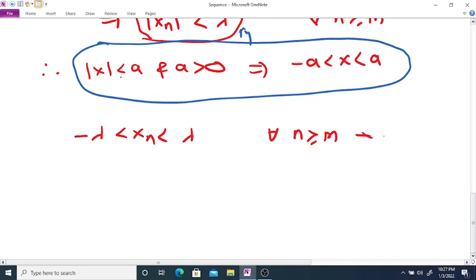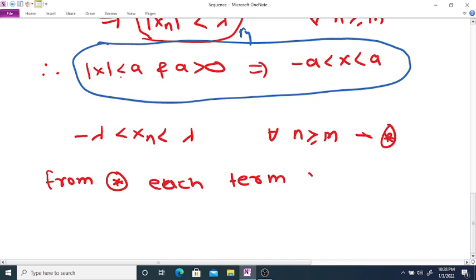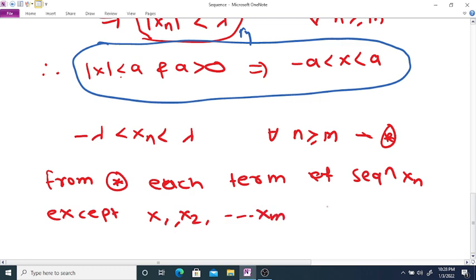So from this equation, say equation number star, we can conclude that each term of the sequence xn, except x1, x2, up to x(m minus 1), lies in the interval minus lambda to plus lambda.